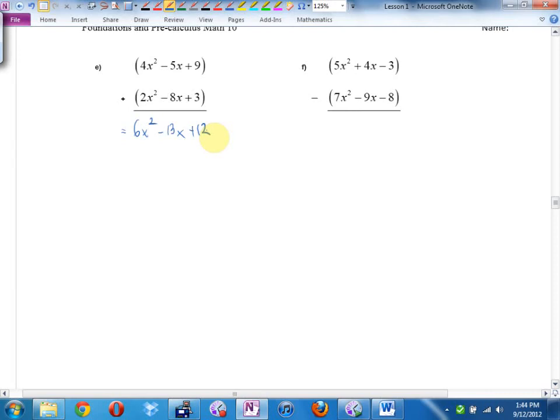It's a little trickier with subtraction. I'm going to have to remember it's this minus this, minus this, minus this. For example, it's 5x squared minus 7x squared. What is 5x squared minus 7x squared? Negative 2x squared.